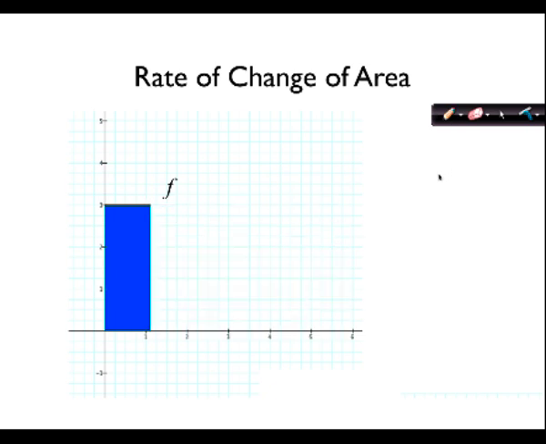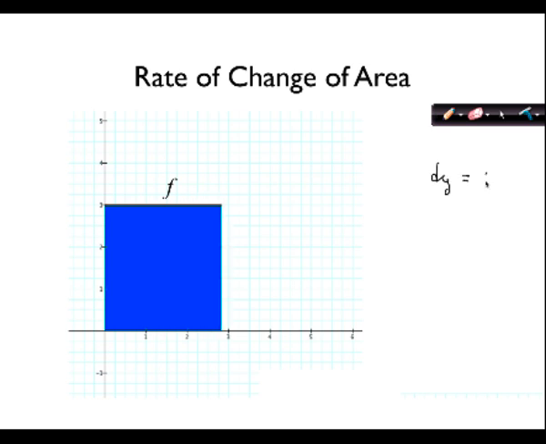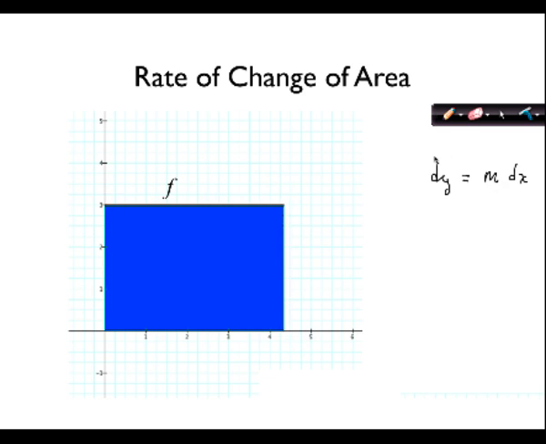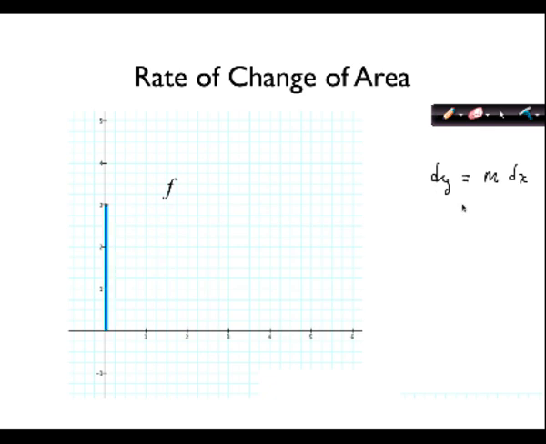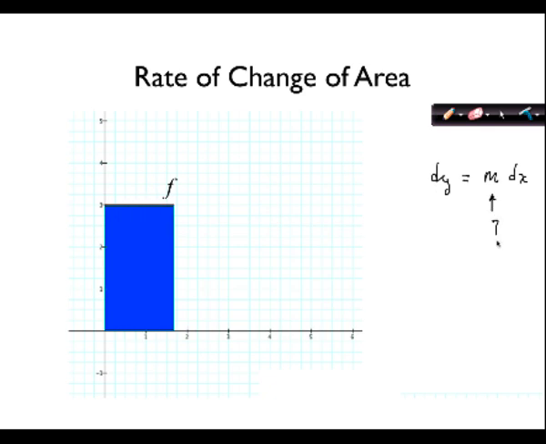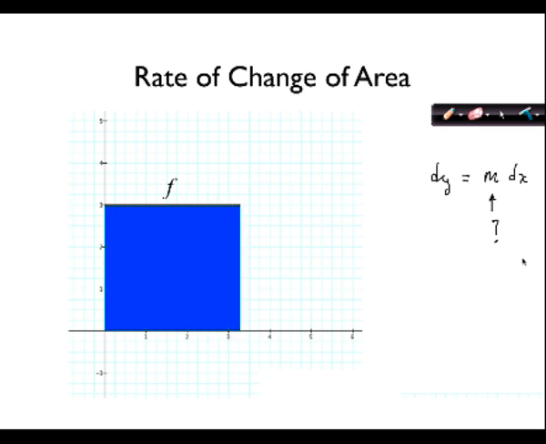How do we understand that? dy equals m dx. And every time before we had the rate and we were finding variations in our dependent variable, right? Well, now we're going to work backwards and figure out what is the rate of change. So now our goal is, what is the rate of change of the area of this blue region?